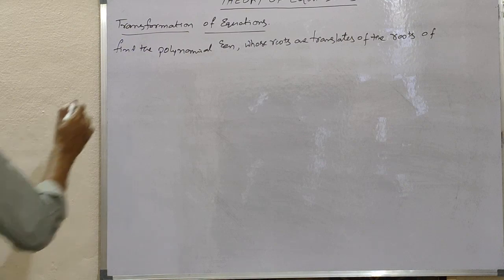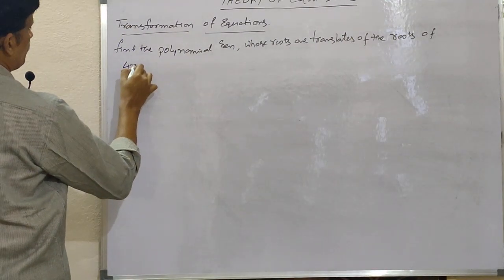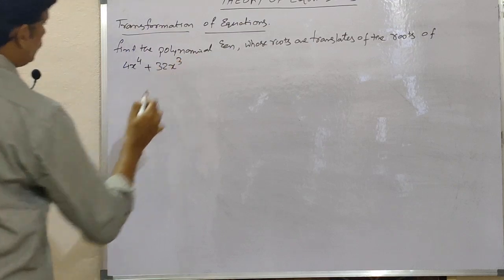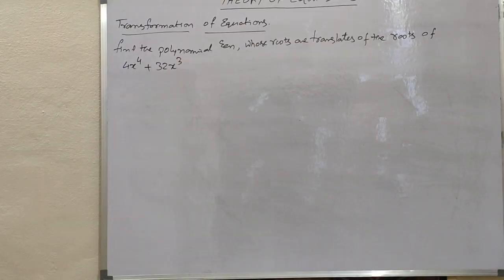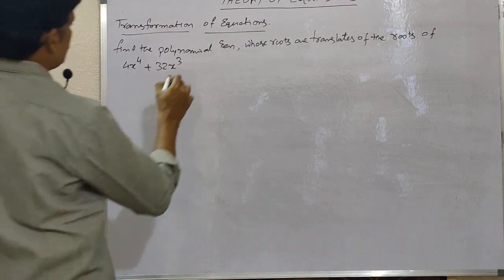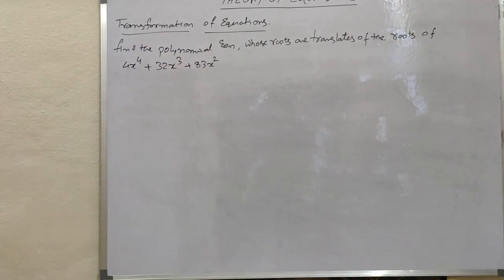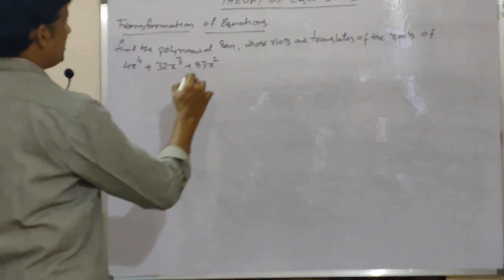Four x power 4 plus 32x cube plus 83x square plus 76x plus 21 equal to 0.